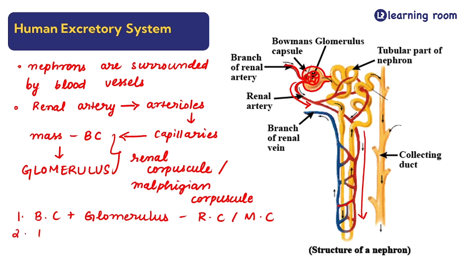And then we have the proximal convoluted tubule, and both of these are present in the cortex, which is followed by the loop of Henle, which is present in the medulla, and it takes a U-turn back up into the cortex to form the distal convoluted tubule, where the urine drains into the collecting duct.